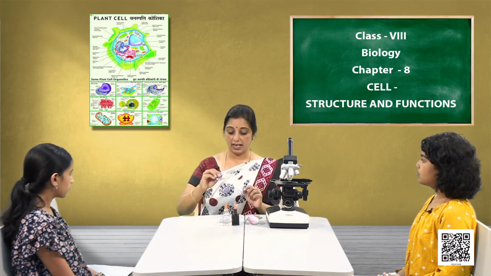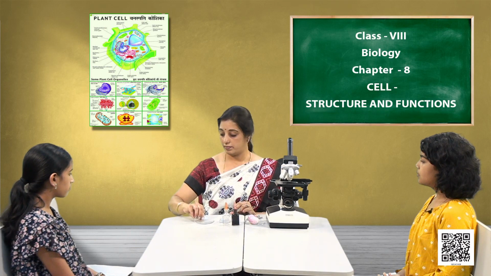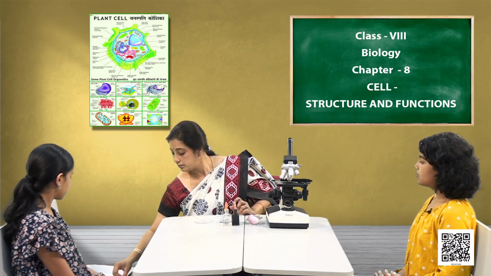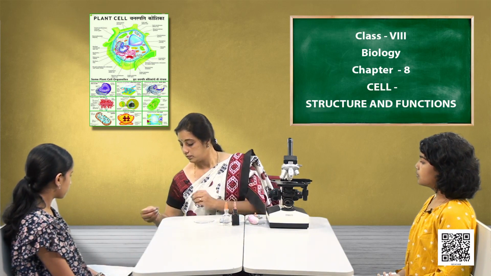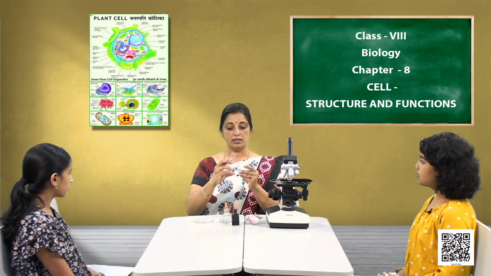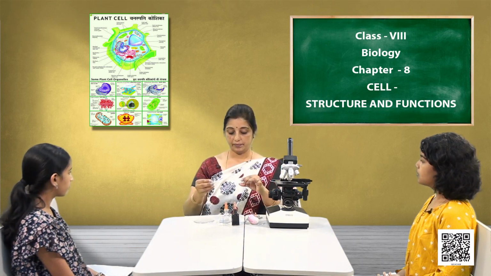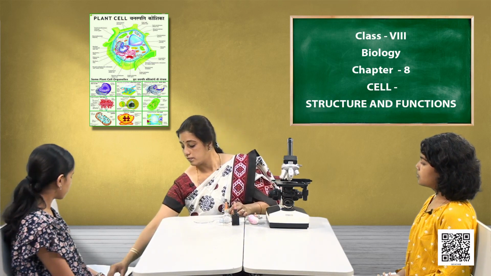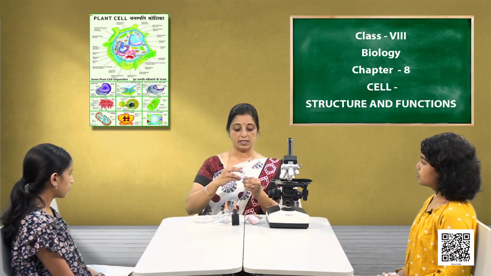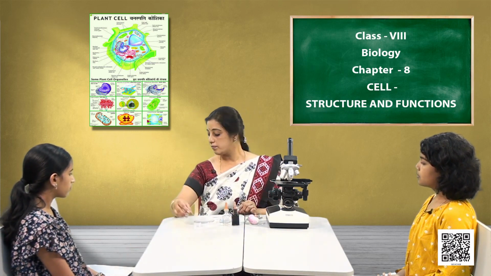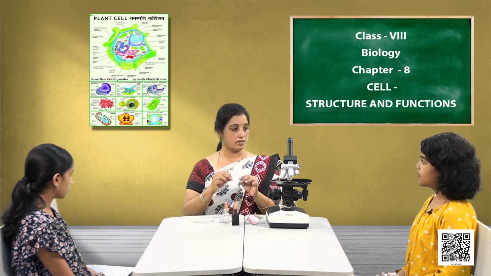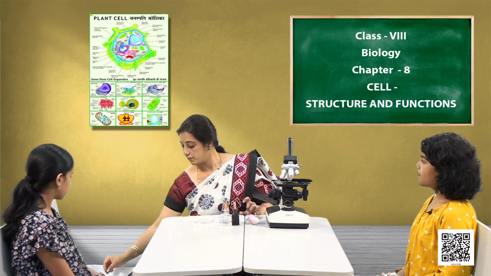This is a watch glass. These are called slides. We have cover slips here, and we may use blotting paper.